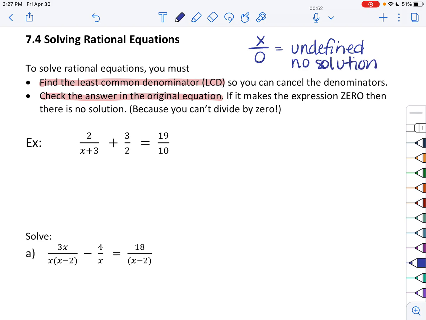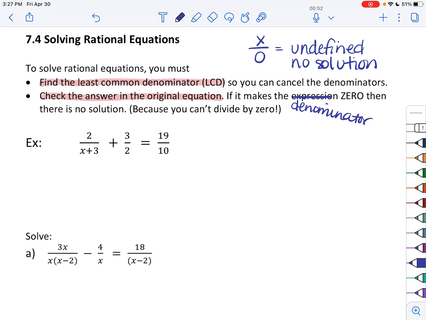So once we find our value of x, we just want to double check that it doesn't make any of the denominators 0, okay? And right here I said if it makes the expression 0, but I worded that badly, because we want to make sure it doesn't make the denominator 0, okay?